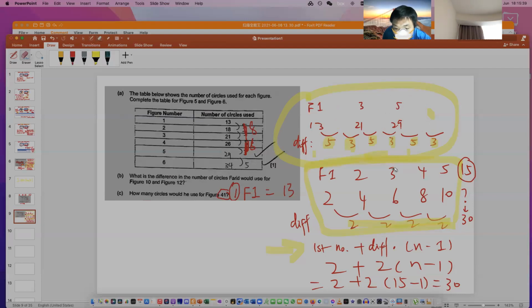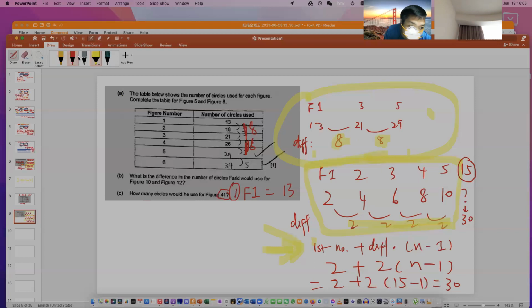If you get rid of the even figures, what you realize is you get the same difference, 8 and 8. So once you get the same difference, you can make use of the formula already: first number plus difference times the bracket n minus 1.